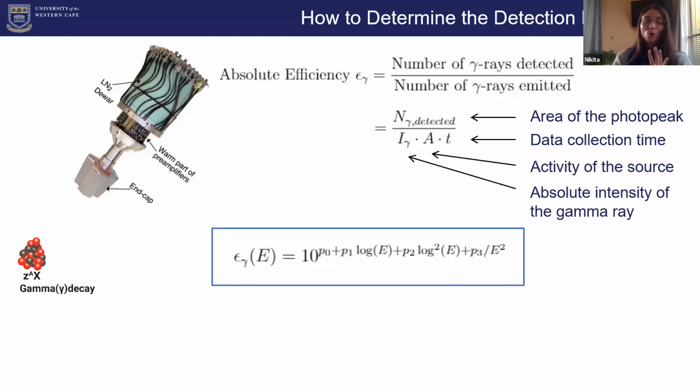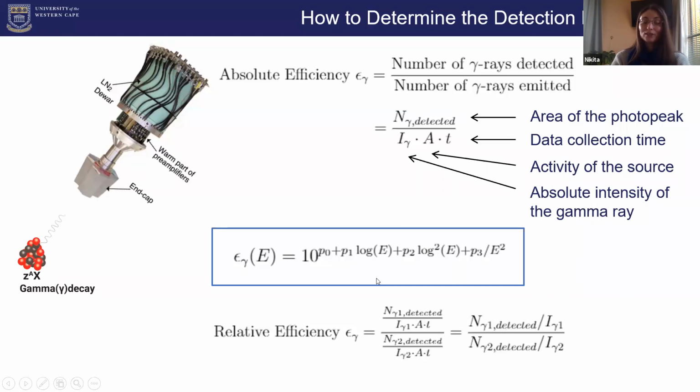However, for many types of experiments, we do not need actually the absolute efficiency of the detector. Most experiments, we look at the relative efficiency of the detector, where we look at how for every time that I see a gamma ray of that energy, how many times do I see a gamma ray at another energy? For example, in the Coulomb excitation experiments that we do with Prof. Nico, we look at the beam isotope that comes, and we have the isotope in the target.